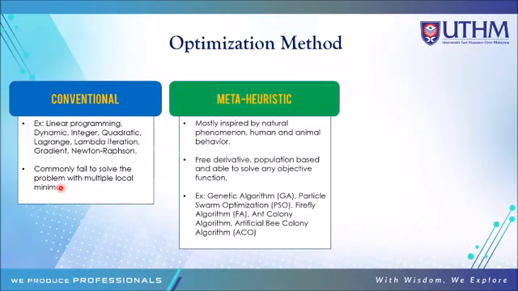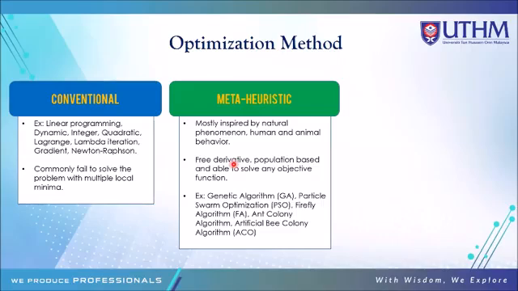Number two, we have the metaheuristic methods. For example, particle swarm optimization is one of the metaheuristic algorithms. We have the genetic algorithm, the firefly algorithm, the ant colony algorithm. We have so many algorithms that can be categorized under heuristic algorithms. Basically, these algorithms are derivative-free.